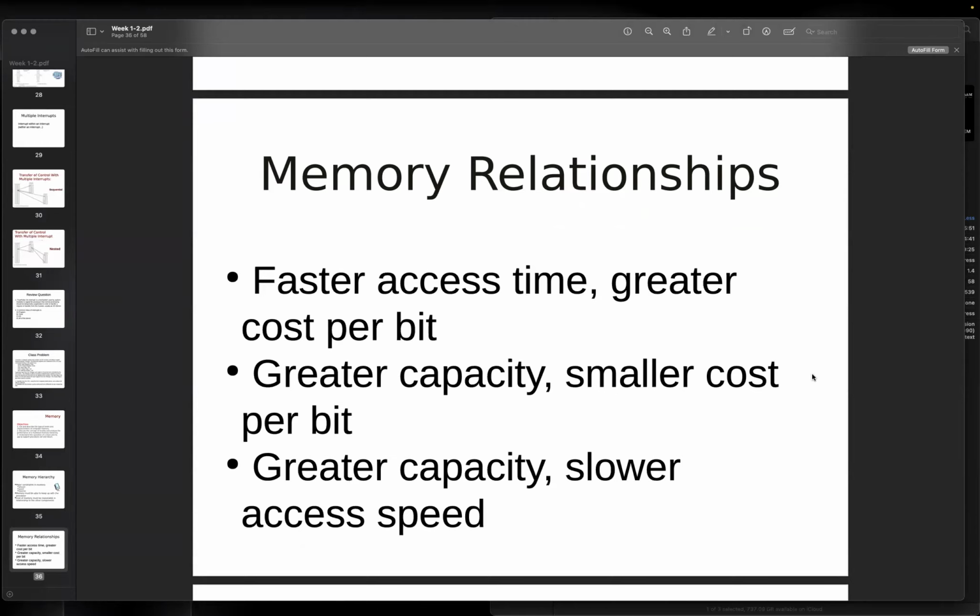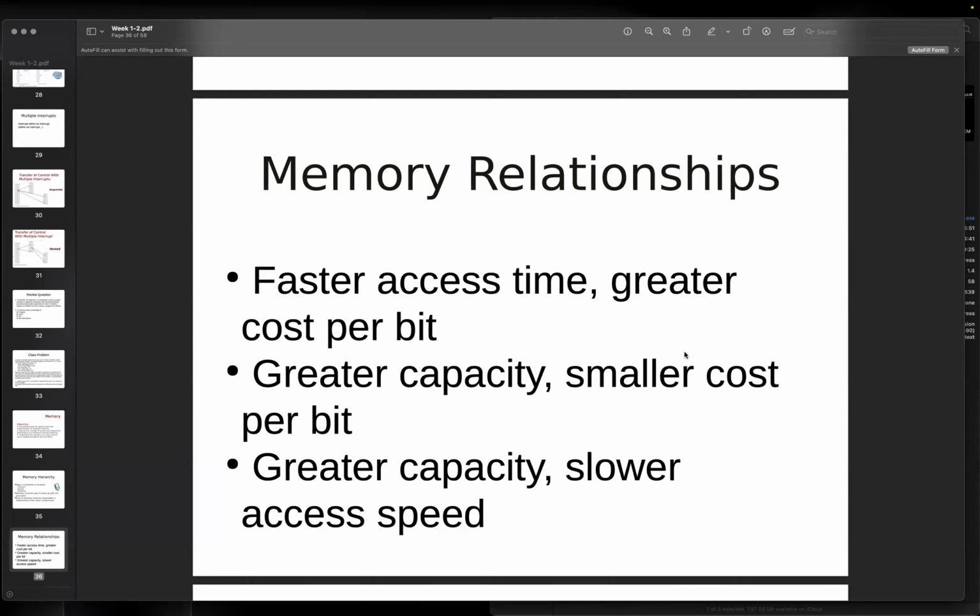Nowadays we can produce the same size but provide more memory. Greater capacity also means slower access speed. That should make sense: if we have a higher capacity, we need to go through all the memory, so the access speed may be lower.